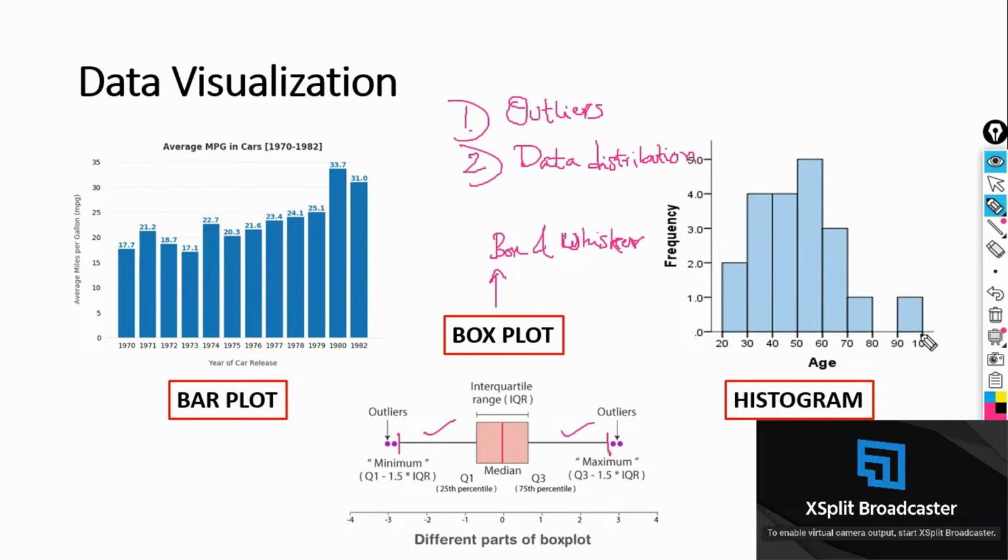Here, 100 may or may not be an outlier, and the 20 in the extreme position may or may not be an outlier. But this talks with confidence that there are outliers. On what basis? If the values are greater than these limits, or less than these limits, those values are outliers.